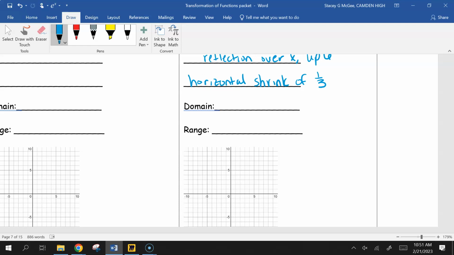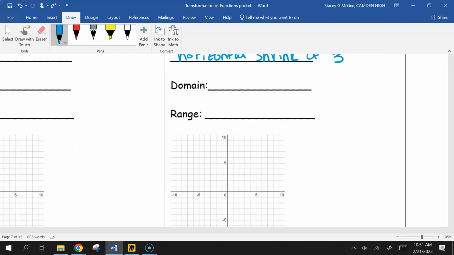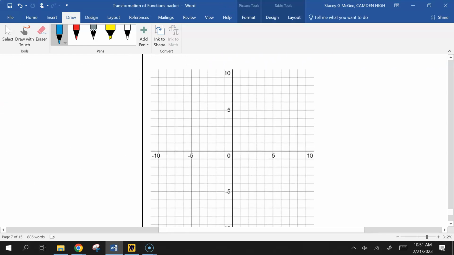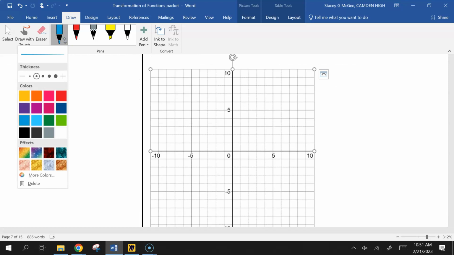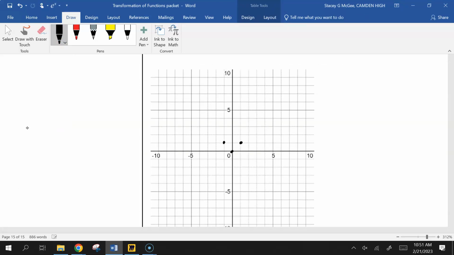This is where your colored pencils might come in handy because you can see exactly what's going on, but you definitely do not have to. I'm going to graph here. I'm just going to do the parent so you see what's happening. You don't need all of these on here if you can do it without.